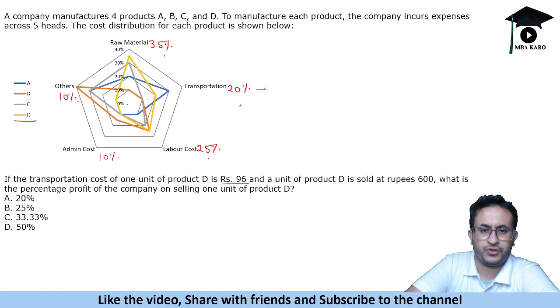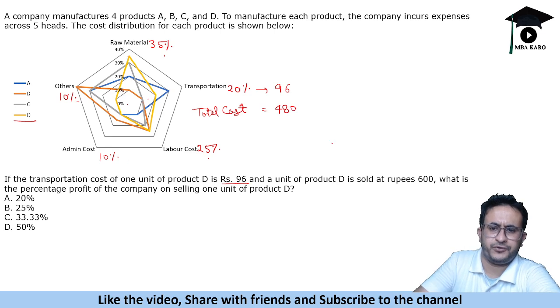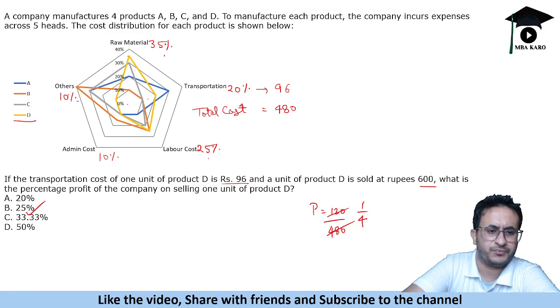Transportation cost is 20%, which is 96 rupees. So total cost will be 5 times of this, which is 480. Total cost is 480 and selling price is 600. So profit is 120 rupees, and out of 480 is the cost, which is 1/4 or 25% profit.